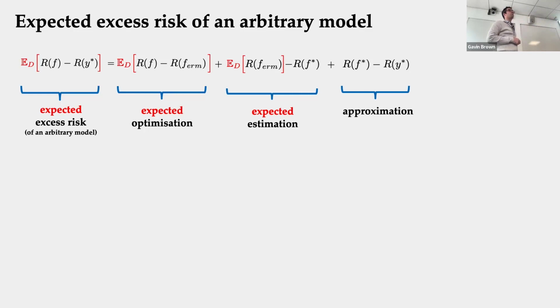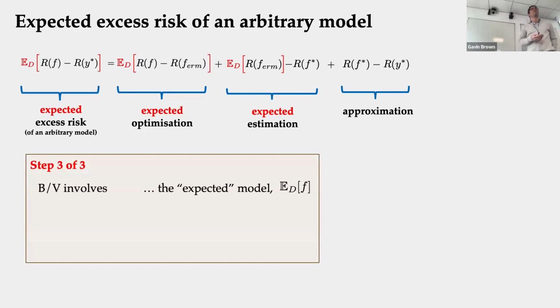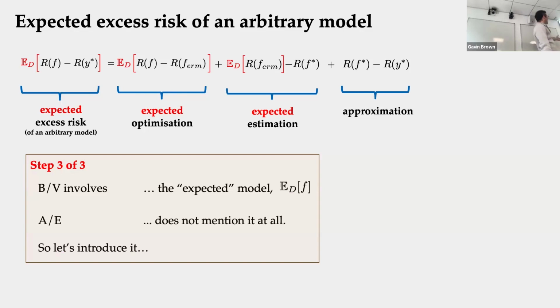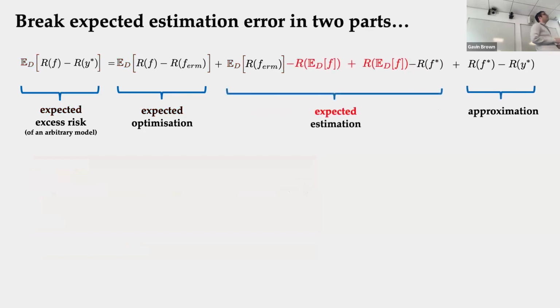Okay. So our final step is this: the bias-variance decomposition involves this expected model, this averaging over possible training sets, but the approximation-estimation decomposition doesn't mention it at all. So let's introduce it. Let's put it just there. We're going to add and subtract it inside the estimation error.